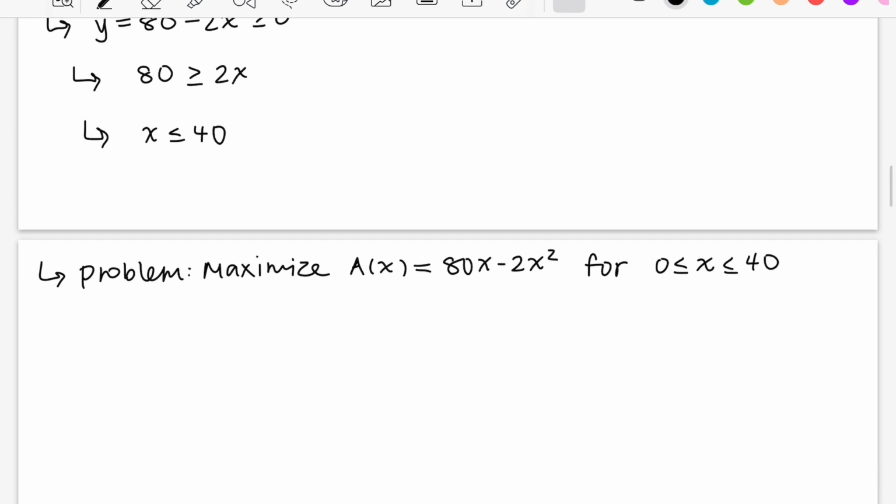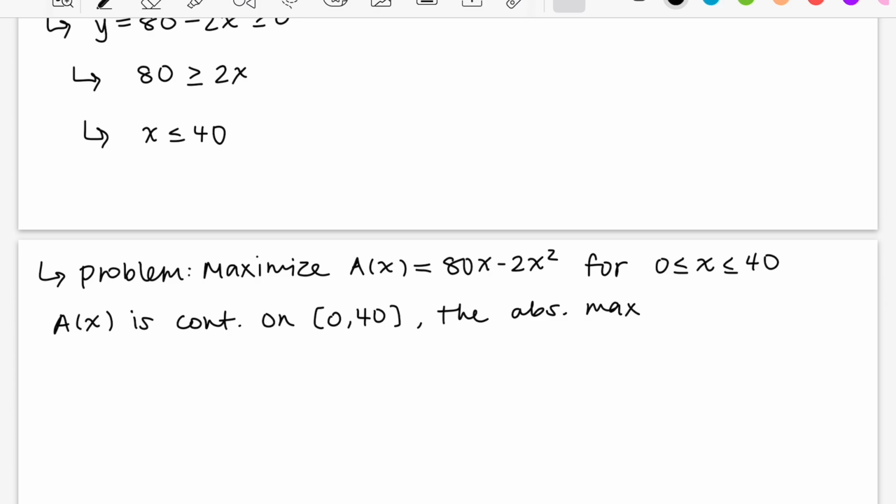And then from section 4.5, we know that since our function is going to be continuous on this interval, the absolute maximum, that is, if it exists, must then occur at a critical number or an endpoint.